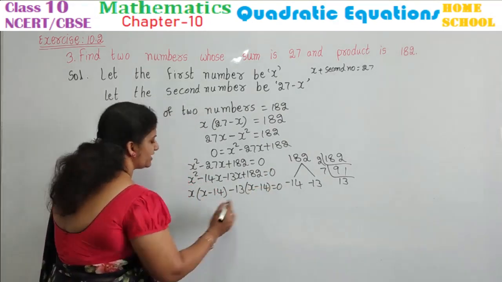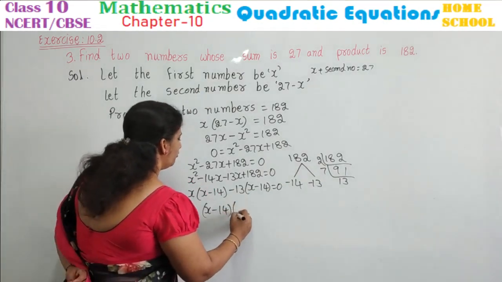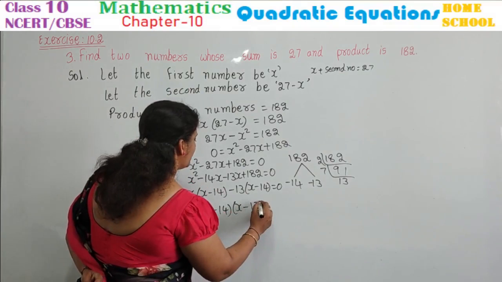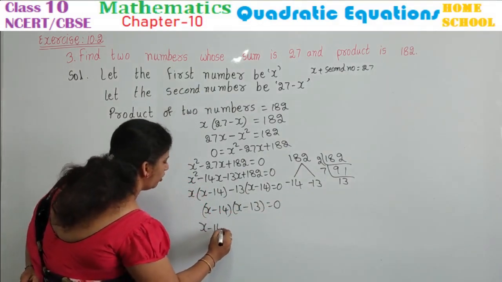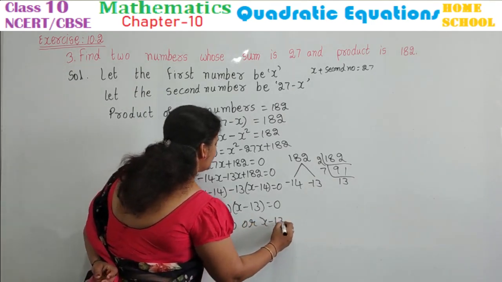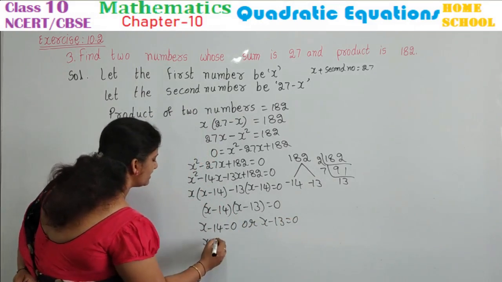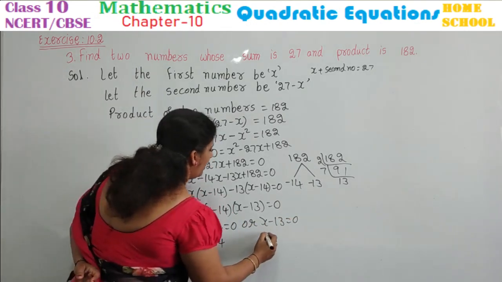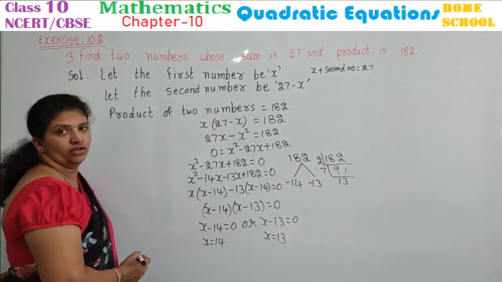In these two, x minus 14 is common. If you remove that, you are left with x minus 13 equal to 0. Equate to 0: x minus 14 equal to 0 or x minus 13 equal to 0. Minus 14 send other side, x is equal to 14. And minus 13 if you send other side, x is equal to 13.